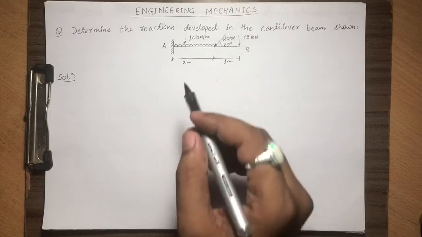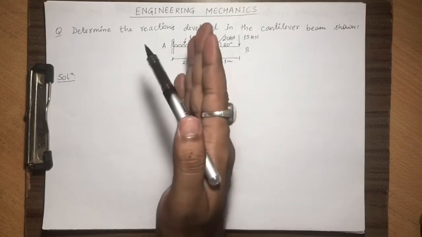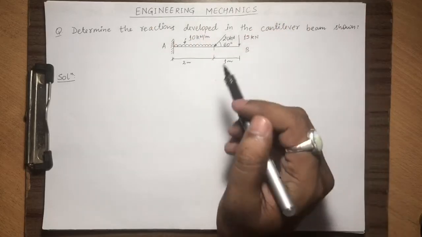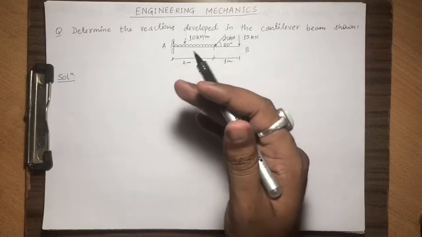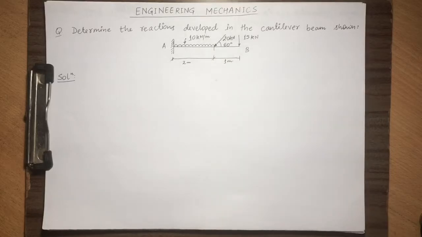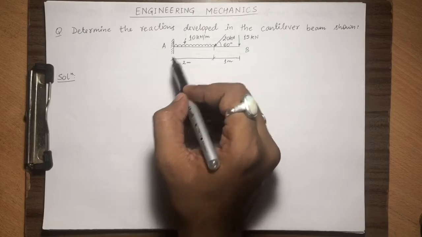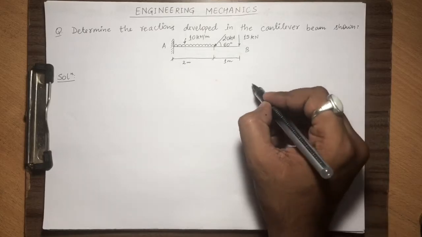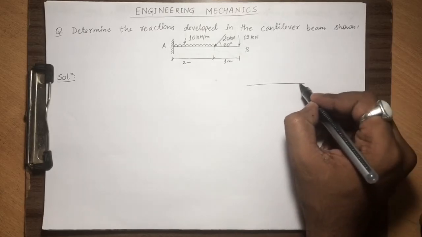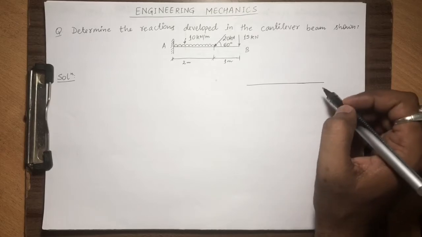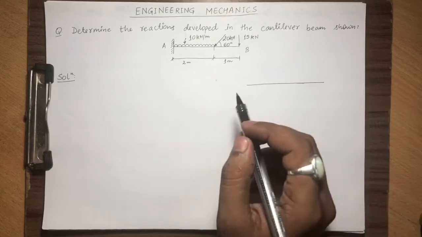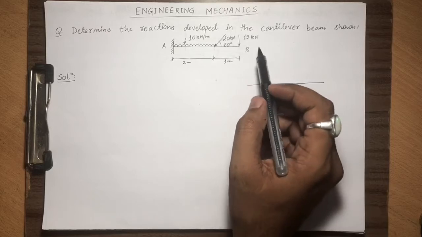In this case we are going to remove the supports and see what effects the supports were putting on the beam. So step number 1, we have to draw the free body diagram. In the free body diagram we draw the external effects.